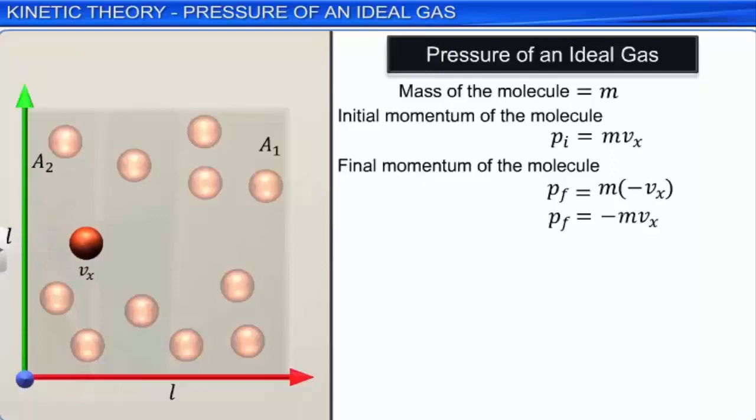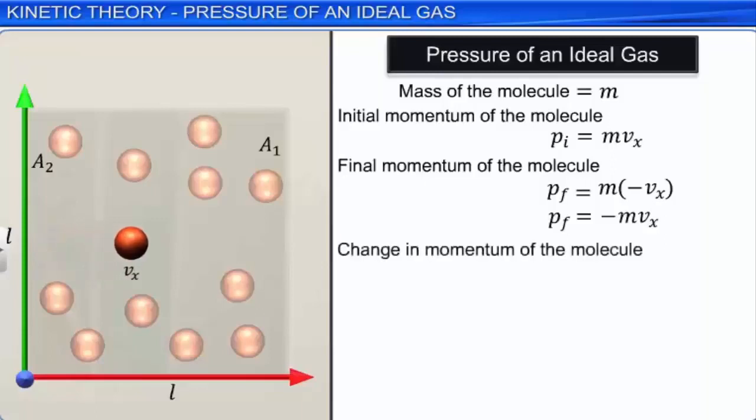Therefore, the change in the momentum of the molecule is delta P = final momentum Pf minus initial momentum Pi. That is, delta P = minus mVx minus mVx.